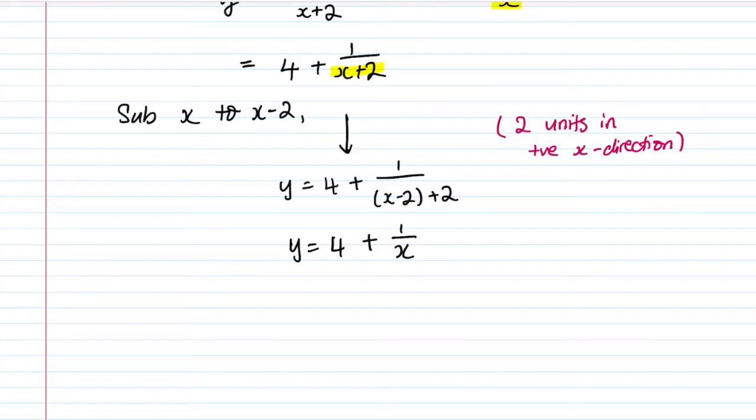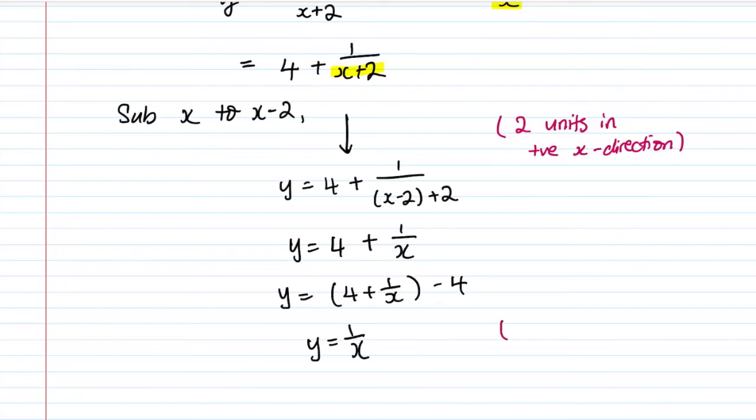How we're going to do that is you're just going to take everything minus 4. You'll get y minus 4 equals 4 plus 1 over x minus 4, and this would mean that you're left with y equals 1 over x. Because in order to get minus 4 on one side, you have to minus 4 on the other side as well.